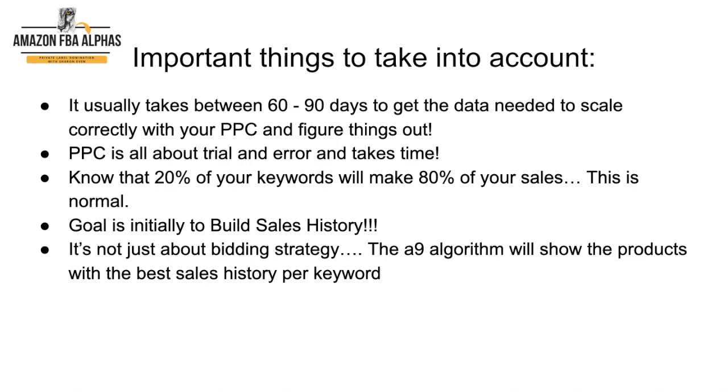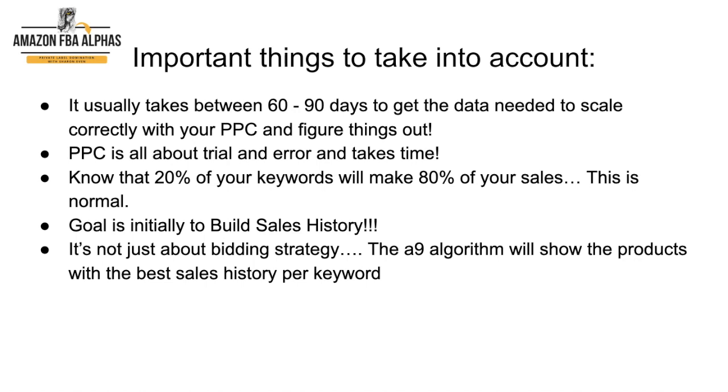Your goal initially is to build sales history. Okay, so right now, what we're going to work on is building sales history. It's not just about bidding strategy. So what do I mean by that? The A9 algorithm will show the products with the best sales history per keyword.